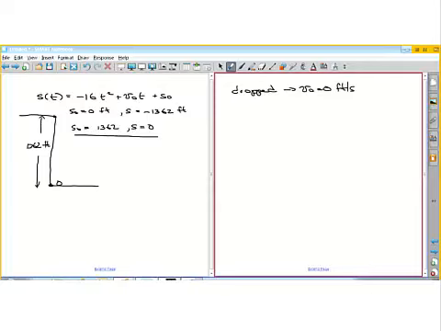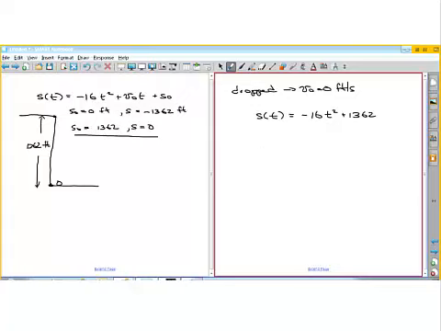So even before we start, our function becomes negative 16 t squared plus 1,362, because s0 is 1,362. Okay, so that's the position.